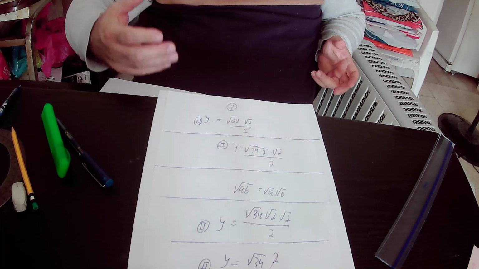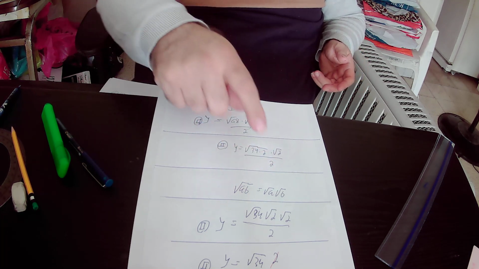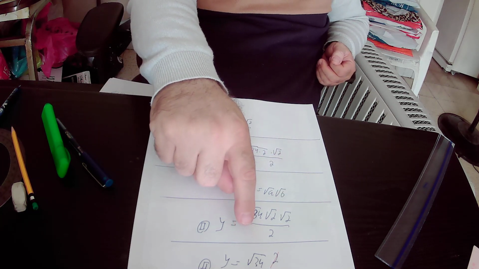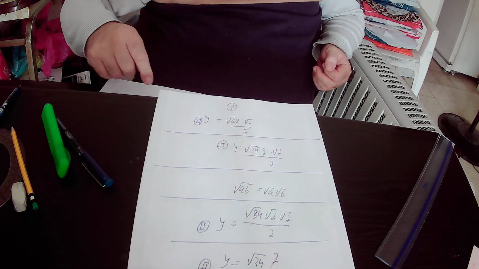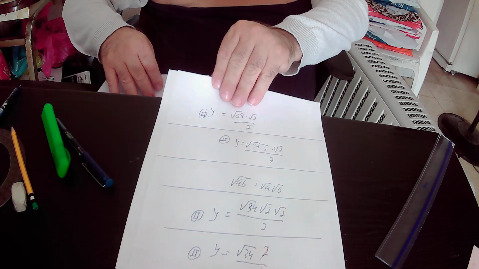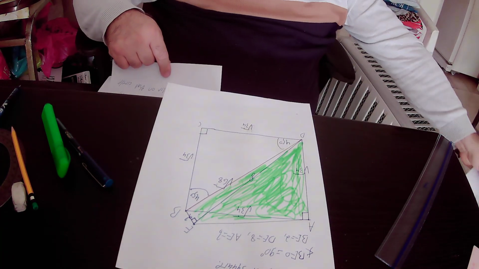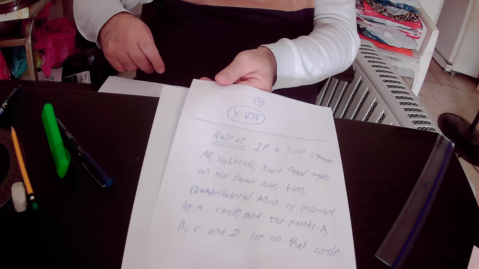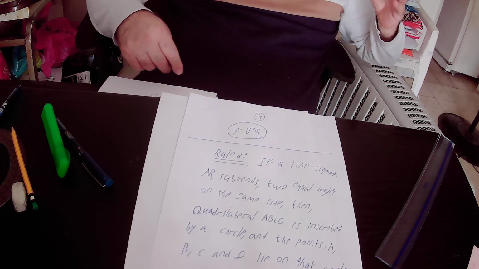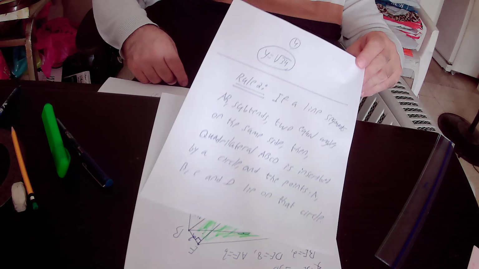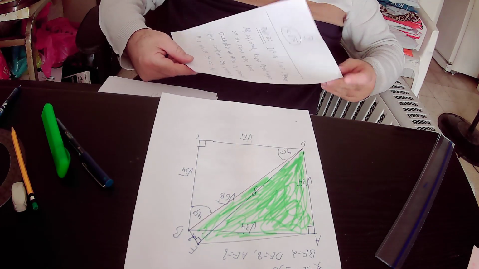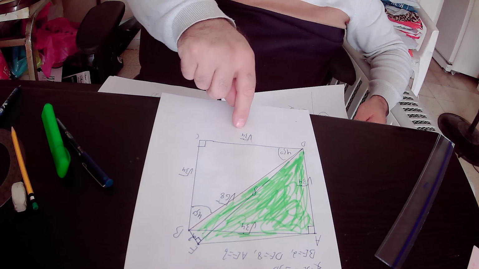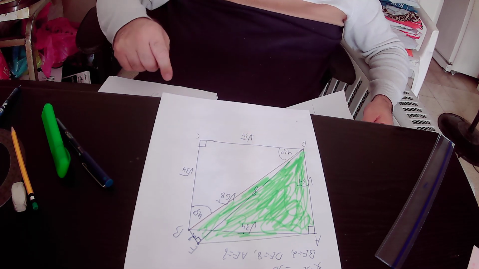The square root of 2 times square root of 2 is 2. So Y equals the square root of 34 times 2 over 2, and 2 over 2 is 1. So Y, the size of one side of square ABCD, equals square root of 34 units. We know that all the sides of a square are equal to each other, so all the sides of this square equal square root of 34 units. Okay?